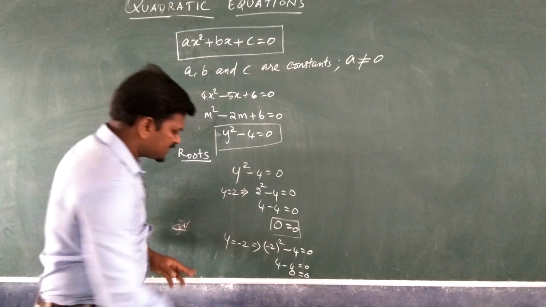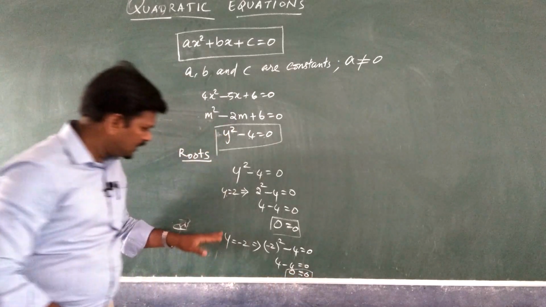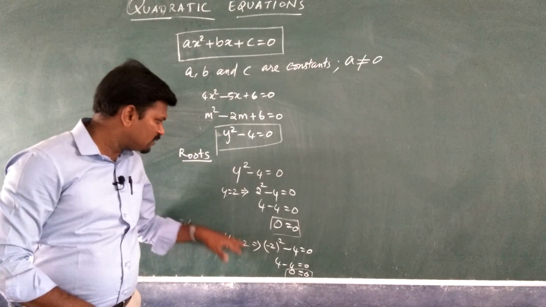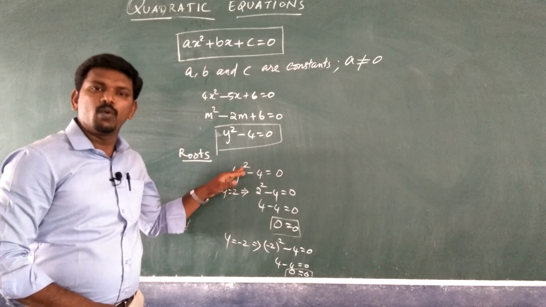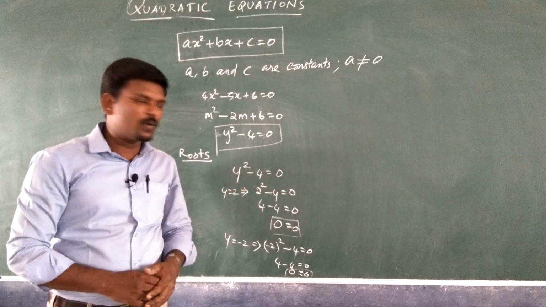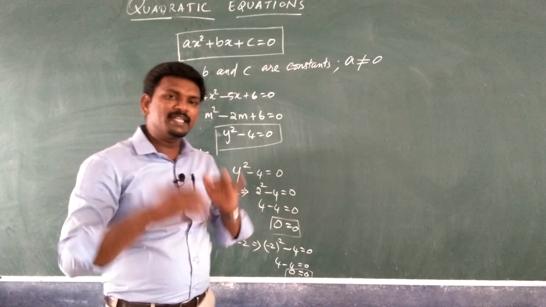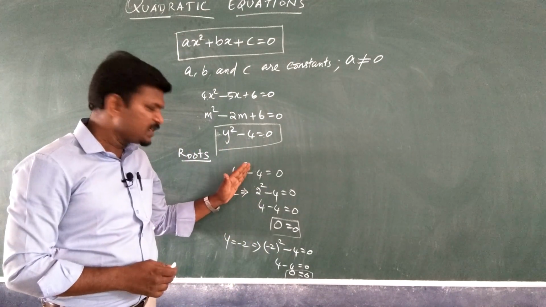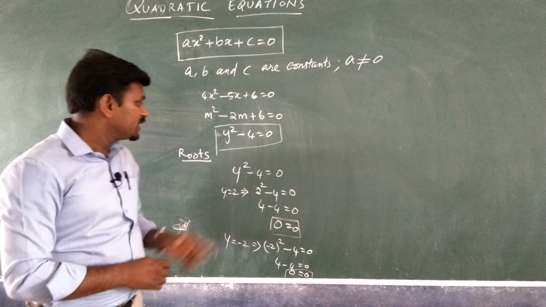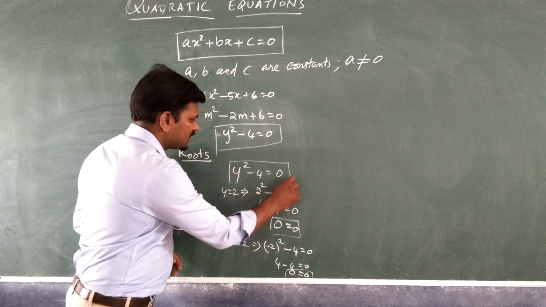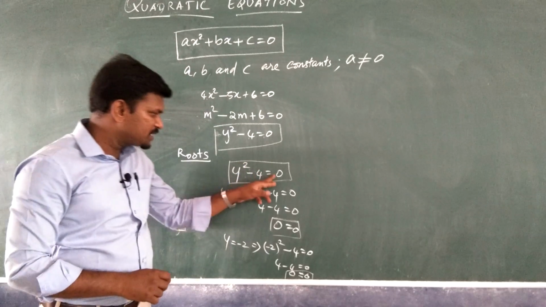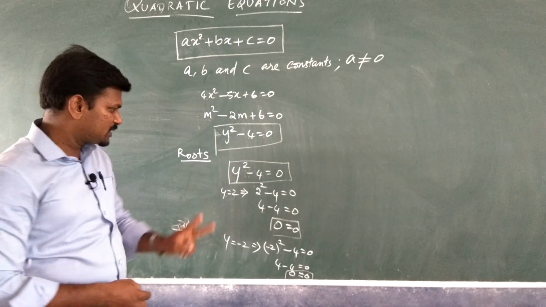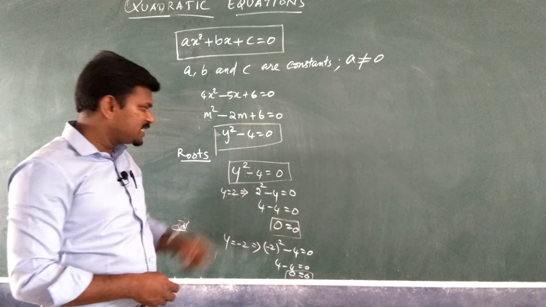So when we substitute y is equal to minus 2 in the equation y square minus 4 is equal to 0, this minus 2 satisfies the equation. So minus 2 is also a root of the equation. So for this equation it has two roots because two different values satisfy this equation.